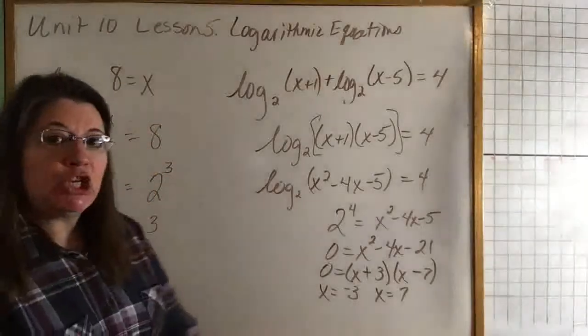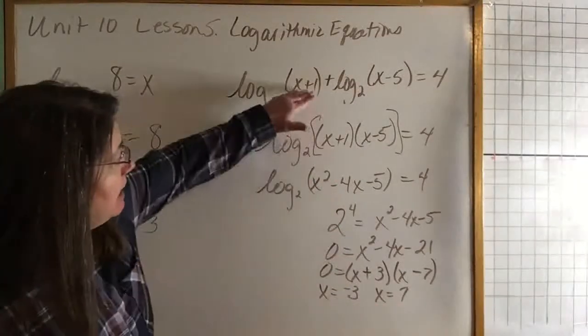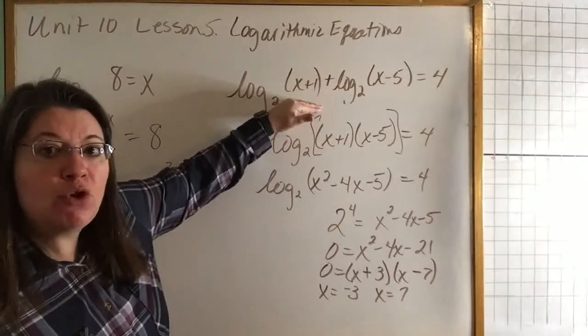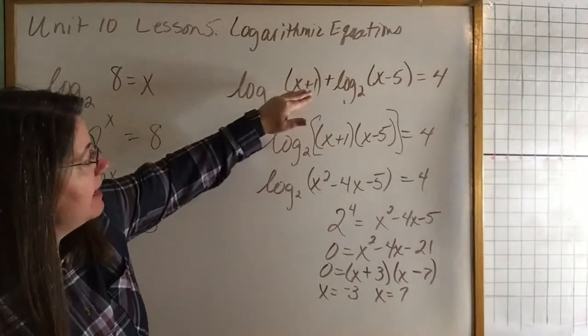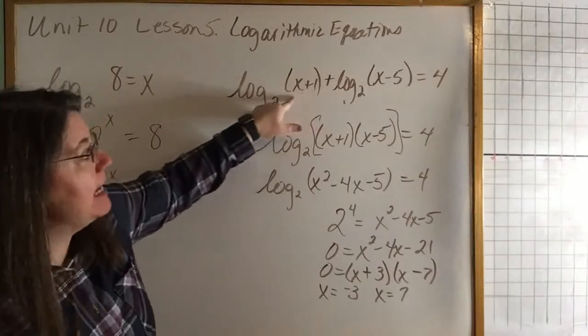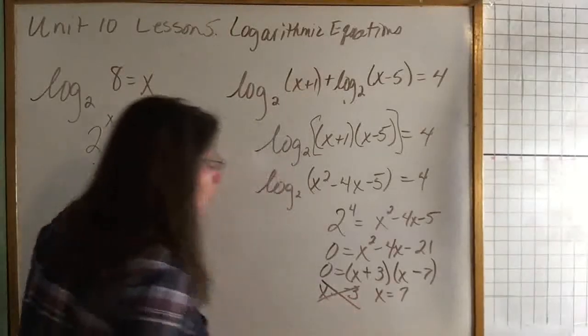The next thing I need to do is check. Make sure neither one of these is going to make either of these a negative. If it makes that x part negative, you have to throw it out. So negative 3 plus 1 is a negative 2. I have to throw that out because you can't have a negative number here. So the negative 3 will not work.